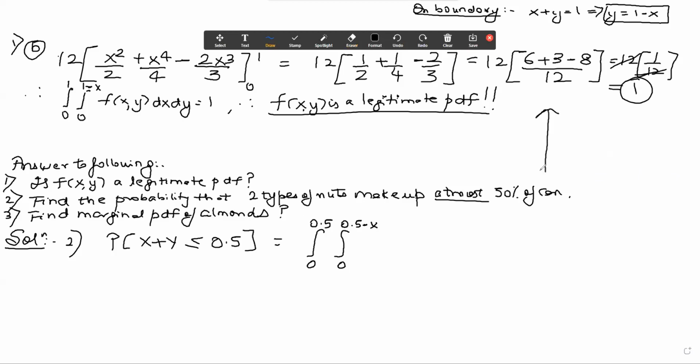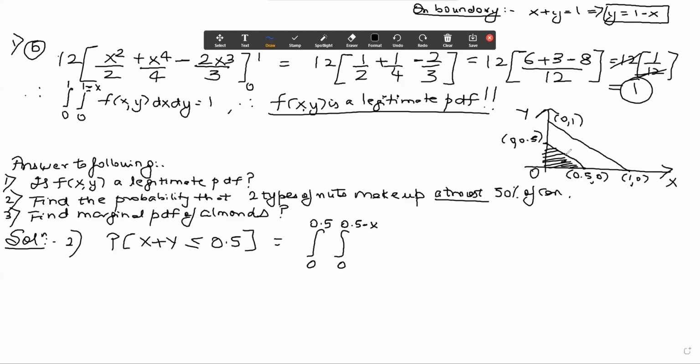This is x, this is y. This is passing through 1, 0 and 0, 1, and this is passing through 0.5, 0 and 0, 0.5. Now we need to find this area in part B.